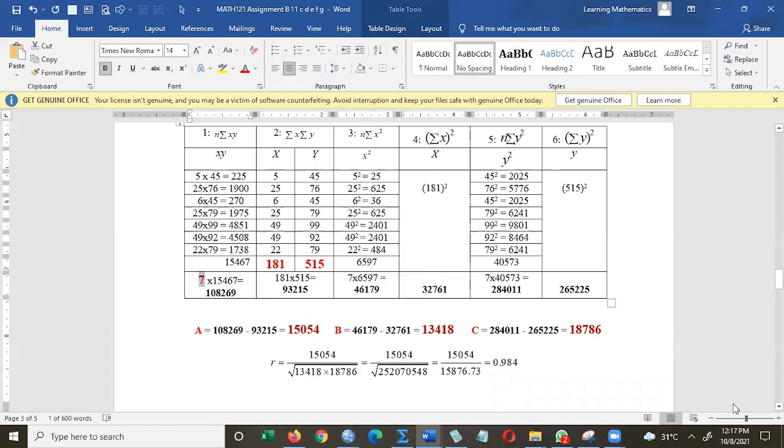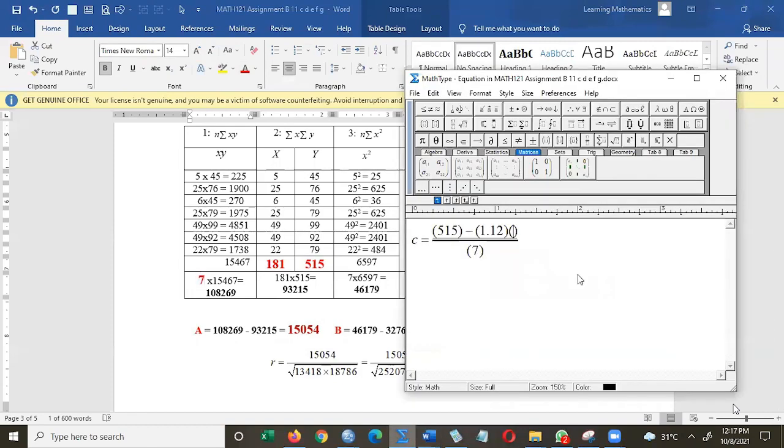Okay. So we can easily continue for calculations. That 7 can stay below there still. What's the numerator?